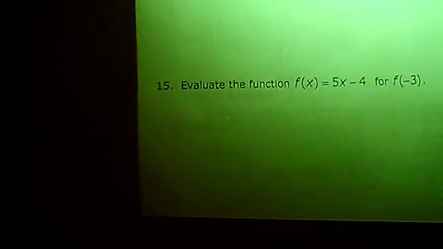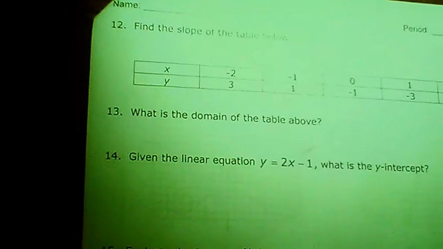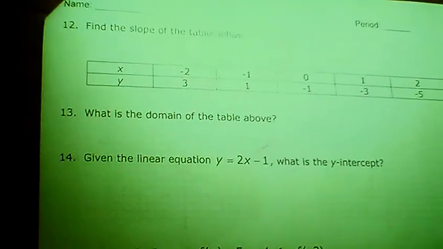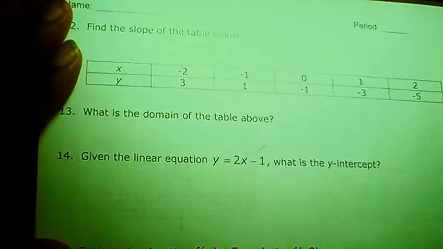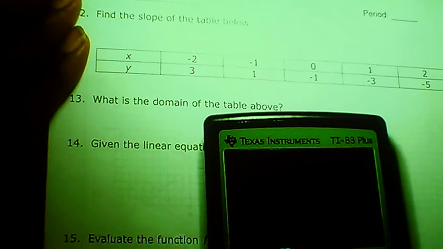Number 12. Find the slope of the table below. There are a couple of ways that we can do this. Let's start by using our calculator.